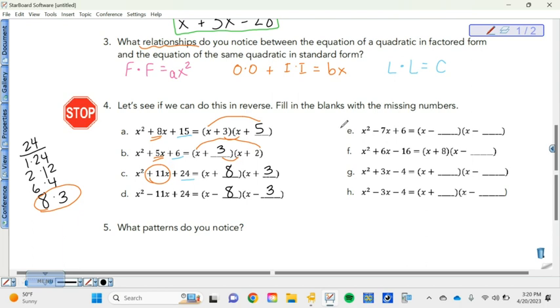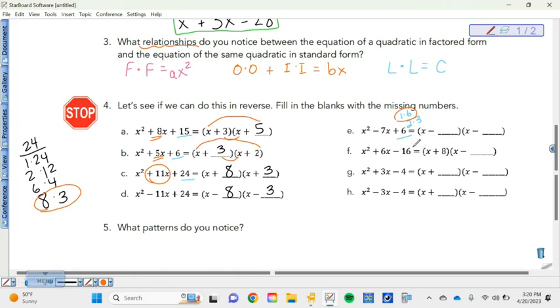Okay, how about E? What two numbers multiply together to get to 6? 1 times 6 and 2 times 3. Which pair is going to add together? 1 and 6, right? But I've got to get to negative 7, so what do I have to do? Because 1 plus 6 is positive 7. 1 minus 6 is negative 5. 6 minus 1 is positive 5.